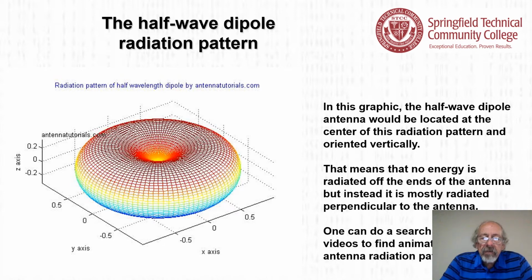So just think of the antenna in the prior slide as being flipped on 90 degrees, and it's put down into the hole of the donut there. What this means is that no energy is radiated off the ends of the antenna, but instead it is mostly radiated perpendicular to the antenna. You could do a search of YouTube videos to find animations of various antenna radiation patterns, or maybe go to antennatutorials.com.